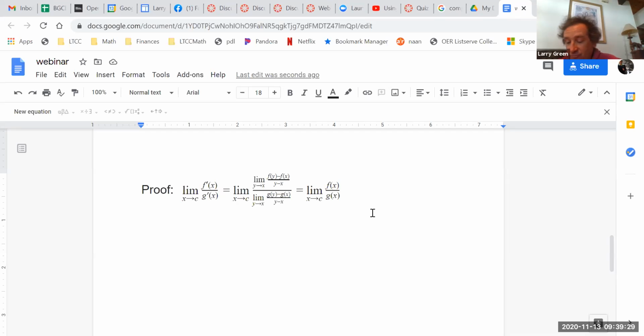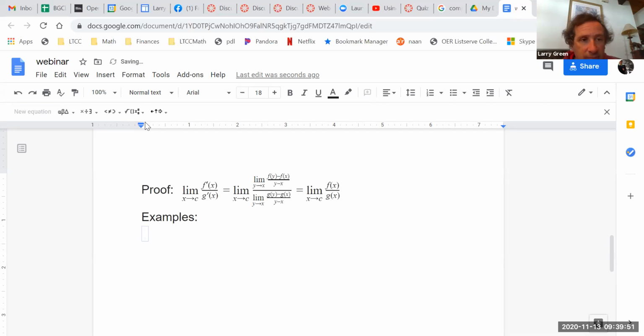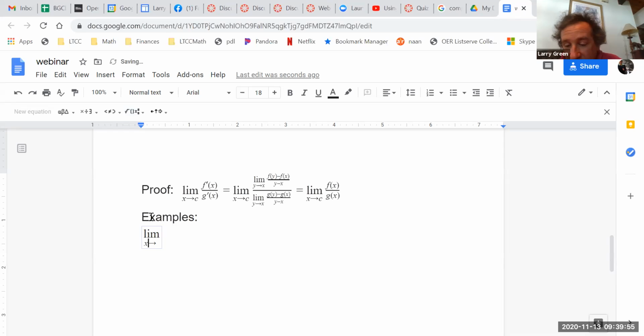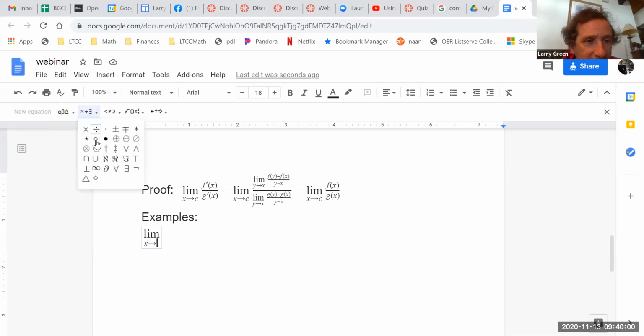Okay, let's do, again, but now we're going to just do lots of examples. So let's do some examples. All right, so what if we have the limit as x approaches, and I'm going to let c be infinity, which you're allowed to do actually.